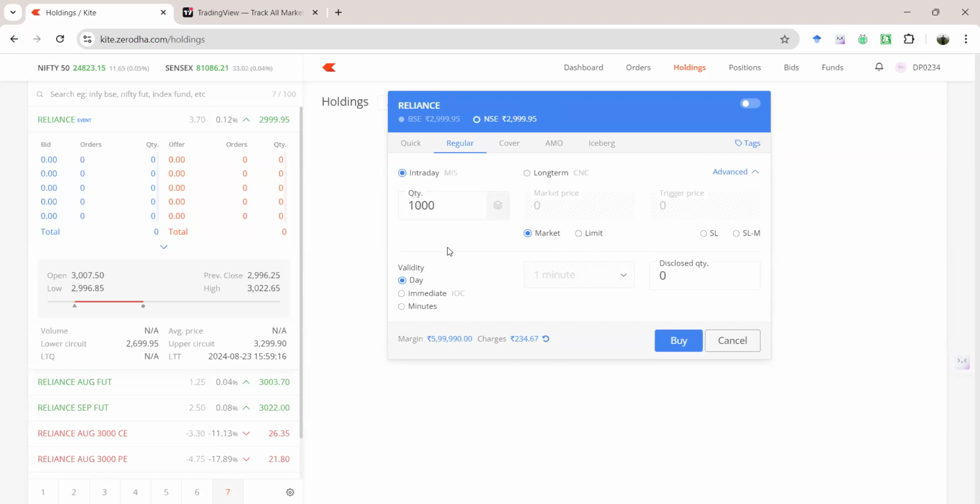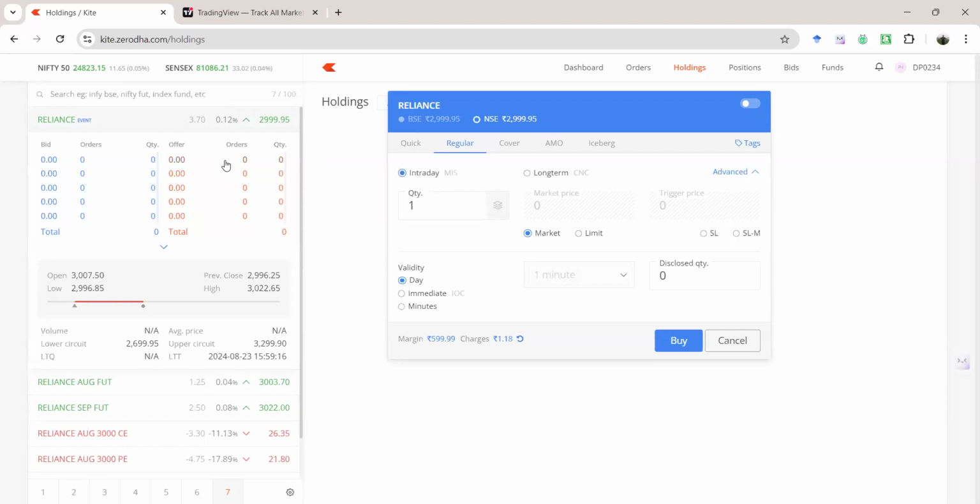If suppose 100 orders are available at the market price, it will get executed at that, and then the remaining 900 orders would be placed at the next price. Yes, exactly. So even if we place one order, suppose we are placing a buy order for a stock that is not liquid and is trading at 3000, but the next seller is available at 3050, then if we place a market order, it will get executed at 3050 rupees.